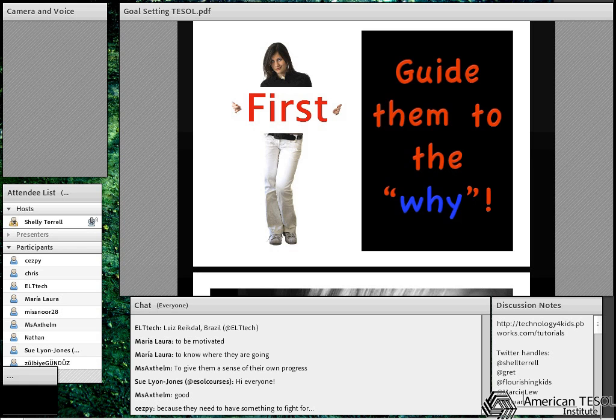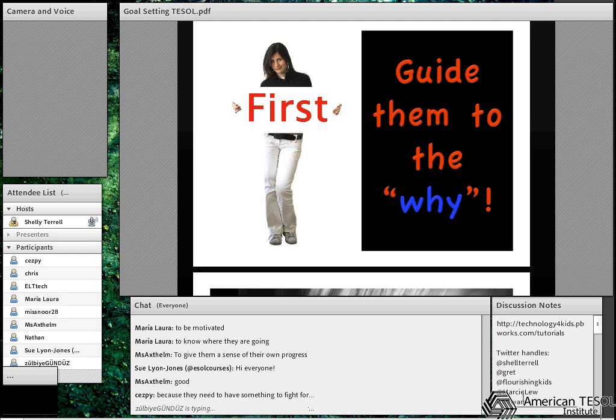And this is one of the things that I think, you know, learning objectives are fantastic, I do, and they help us build a framework and a course. But for each student, the goal setting has to be very individualized for them. They have to be able to find that why for themselves, and each of them is going to be different.